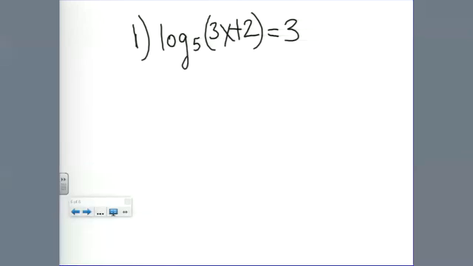And we need to solve for x. Step 1, convert your log equation into an exponential equation. So our given base is 5, and the exponent is usually off by itself on the other side, so that's 3. And that's equal to our function 3x plus 2.